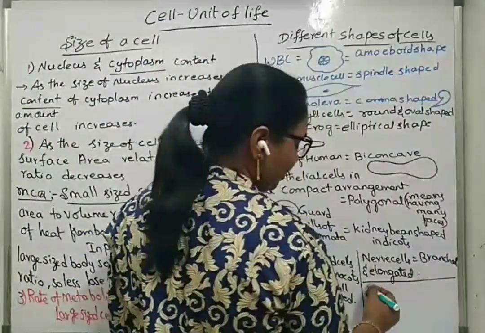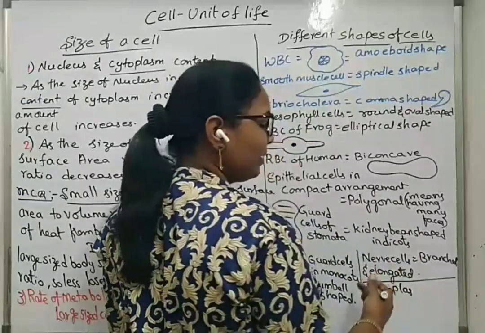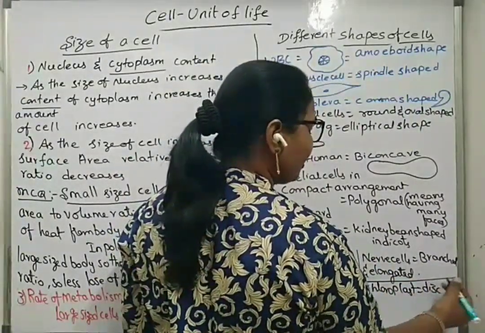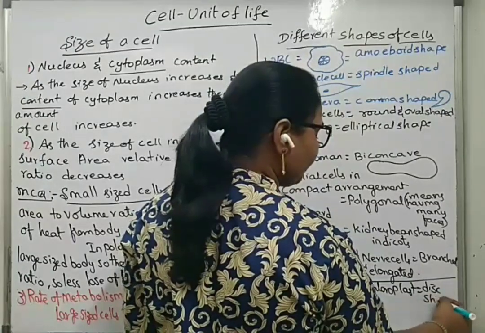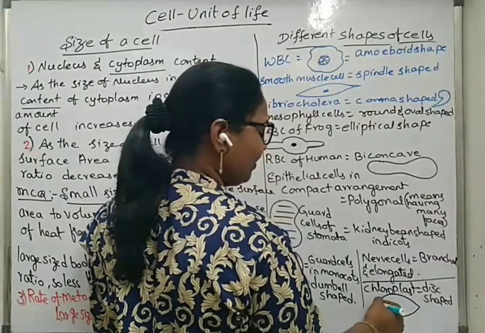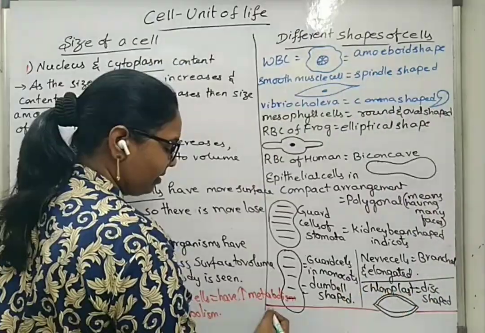Next, chloroplast. Chloroplast typically will be disc shaped, and there are other shapes of chloroplast also. This is typical, means generally when we are talking about chloroplast, we give a structure shape like this.